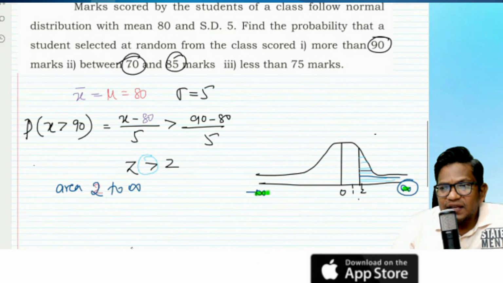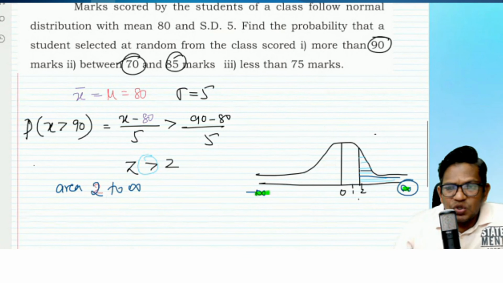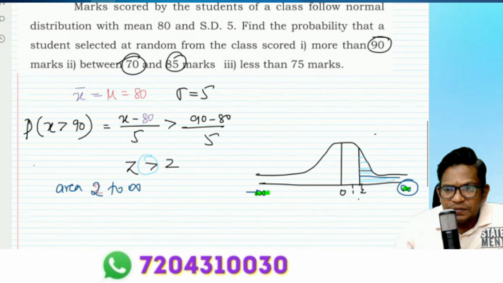How easy is it? So just go to the sheet where we have all this, and check it in the sheet. How much is it for 2?